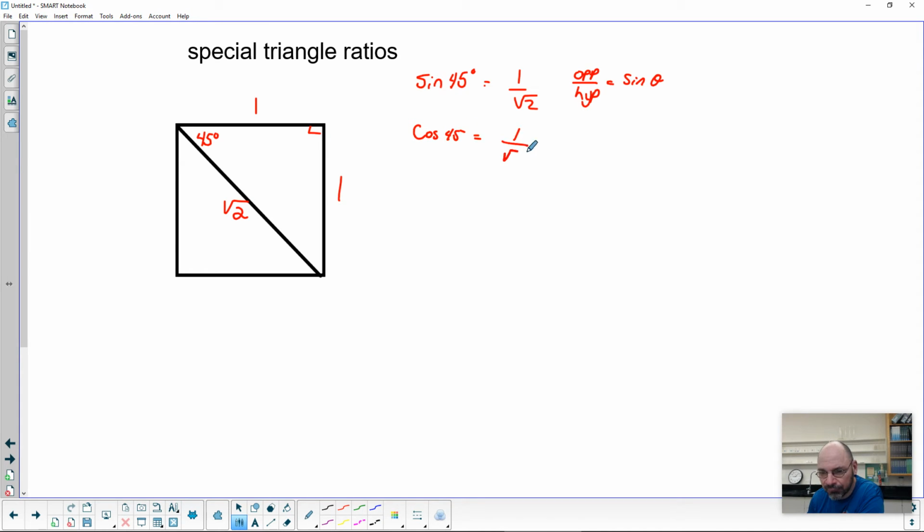That's the same, but it's just this one instead of that one. So that's adjacent over hypotenuse. And the last one, of course, is tangent of 45. Tan is opposite over adjacent, 1 over 1.